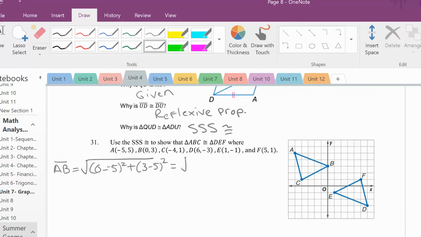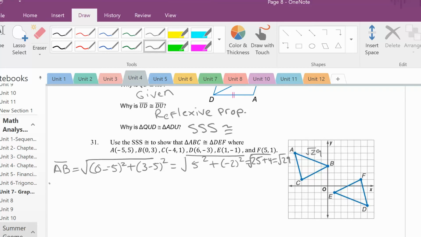So it's going to be the square root of 0 minus negative 5 is 5, so 5 squared, 3 minus 5 is negative 2 squared. So it's 25 plus 4, so it's equal to the square root of 29. You do not need to calculate that because you're just trying to show that it's the same. So you're hoping to get the same radical. So this is the square root of 29.